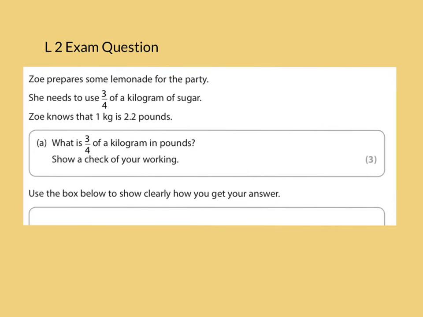First thing I'm thinking I need to do is show that I know that 3/4 is the same as 0.75. So what we're working with here is 0.75 kilograms. Then I've shown I can convert a fraction into a decimal.